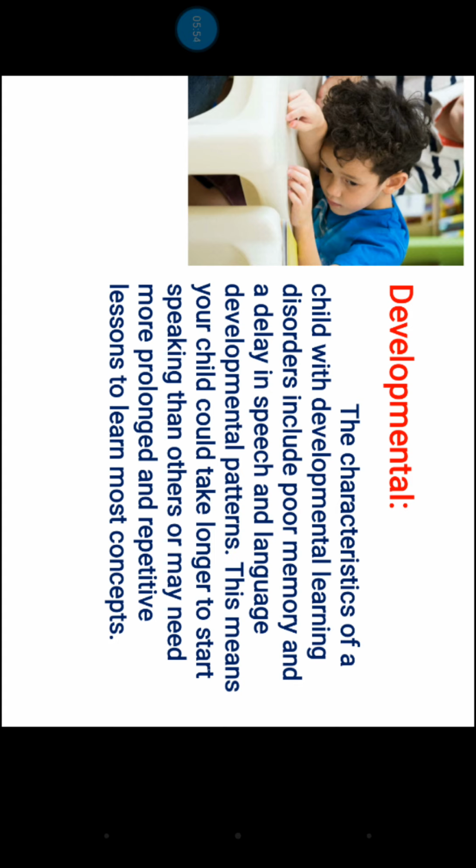We have already seen in our surroundings that some children are very fluent speakers and learn to speak at a very early stage, but some children take more time to start speaking. This is the developmental problem.